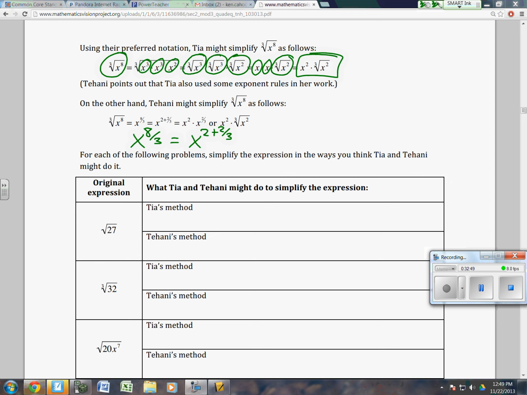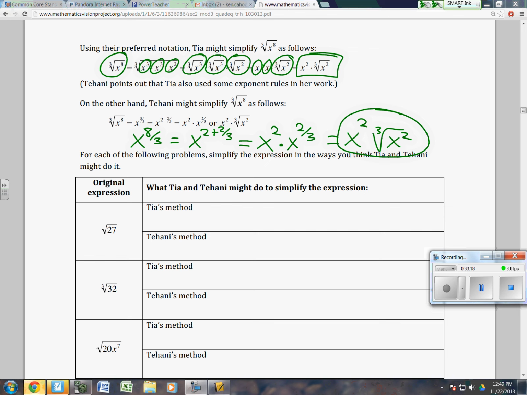Yeah, because 2 plus 2 thirds is 8 thirds, and it's all in the exponent. Now we can use that rule that says, since it's plus up there, I can write it as x squared times x to the 2 thirds, using the multiplication rule. Then I can rewrite x to the 2 thirds as a radical. So x squared times the cube root of x squared. And we got the same answer, right?